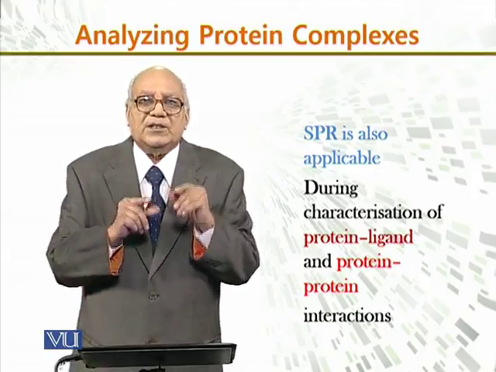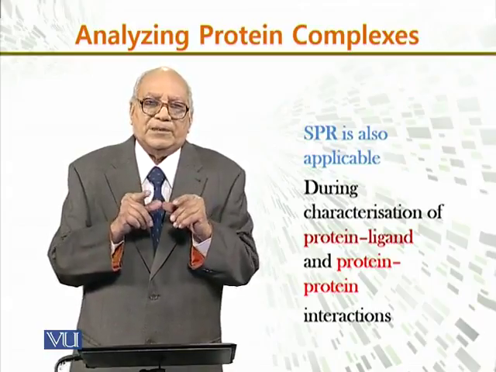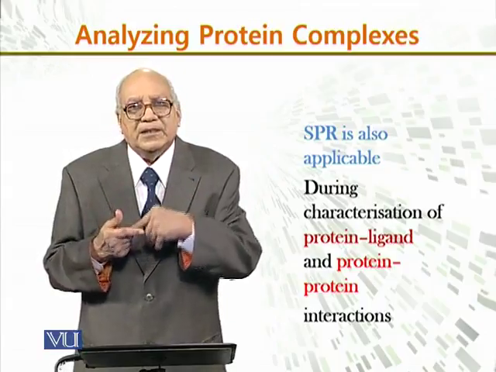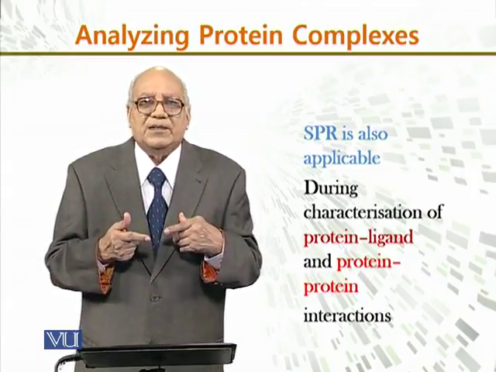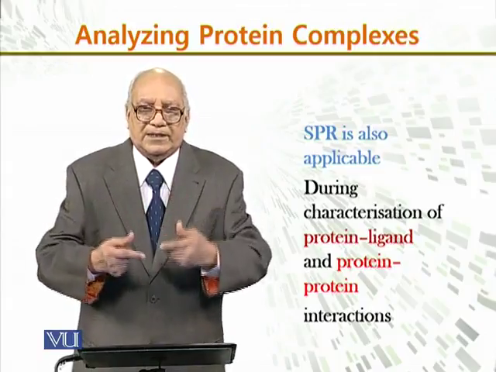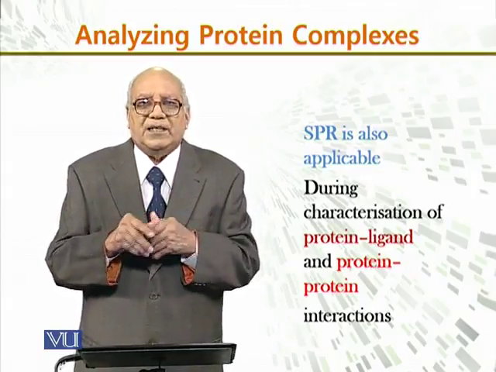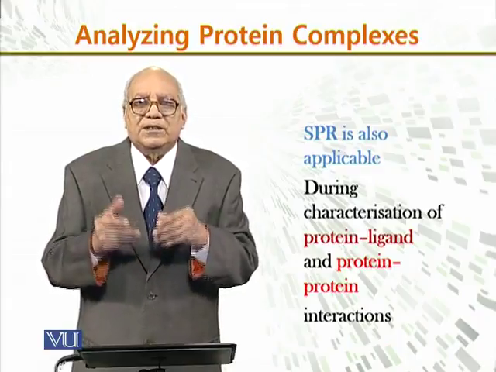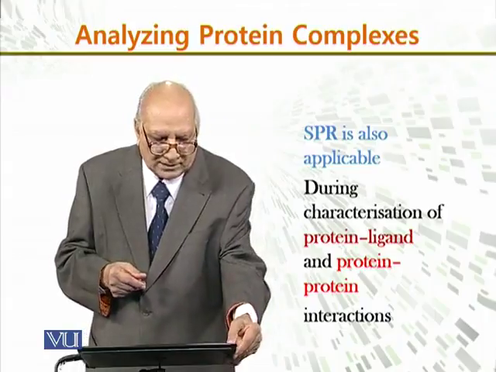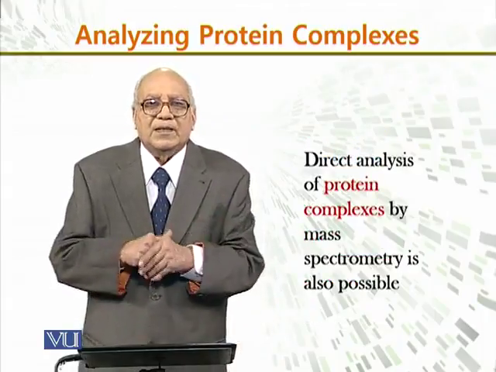You see, in the cell, the proteins will interact with the proteins, but at the same time, they can interact with certain ligands, chemical ligands, and SPR is used to detect or characterize those proteins which are interacting.